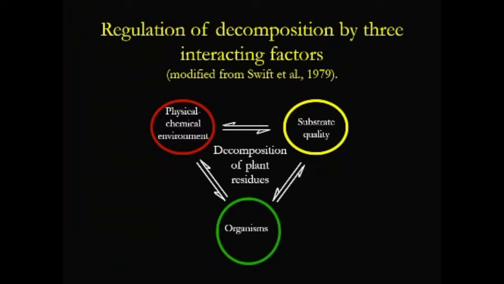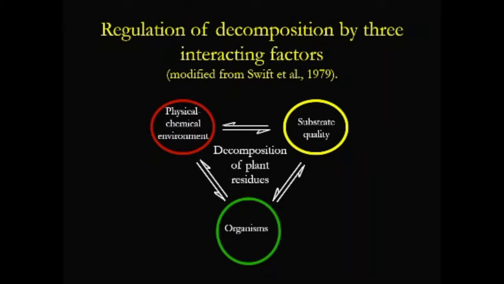The regulation of the decomposition rate can be determined by 3 interacting factors. Those are the physical-chemical environment, the substrate quality, and the organisms. The physical-chemical environment, these are all the abiotic conditions like rainfall, temperature, solar radiation, the energy that gets into the system.